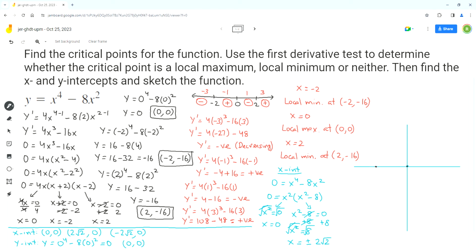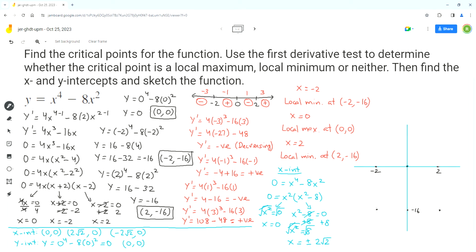So negative 16. So the second critical point is here. And then the next critical point will be 2, negative 16. So let's assume this is 2. And so the next critical point is here.